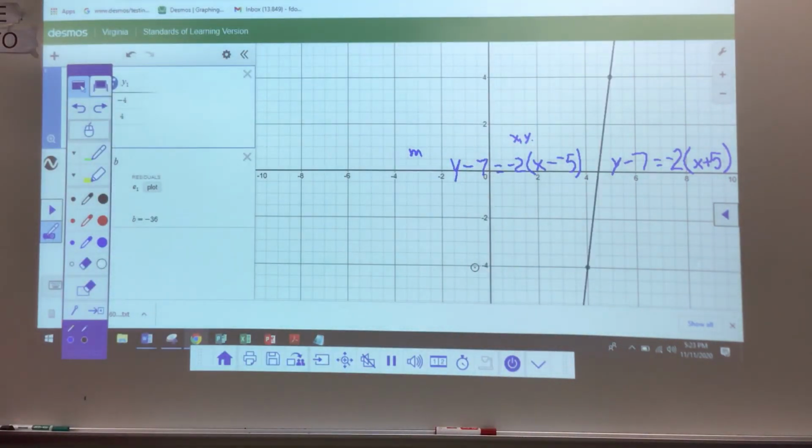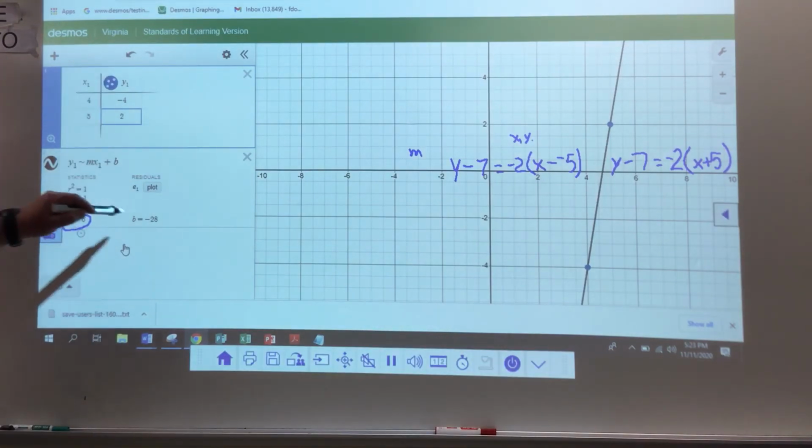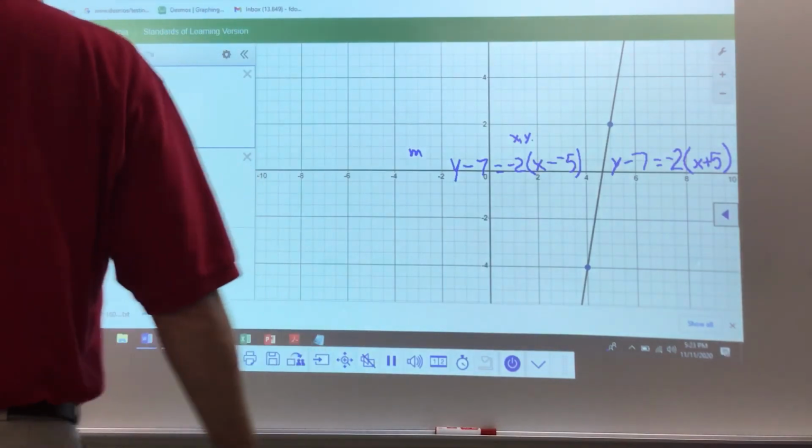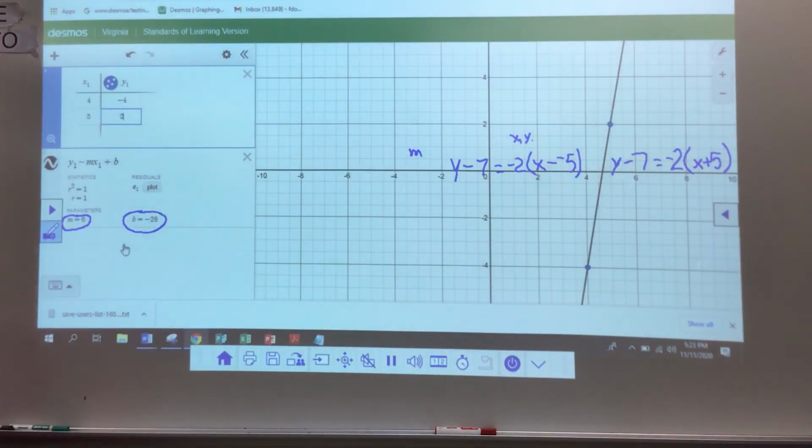So I'm going to type in 5, 2 right there in my table. And it tells me that the slope, right over here, folks, is 6. And the y-intercept is negative 28. Now over here it even graphs the line for you, so if you need to check something out, you'd be in good shape.